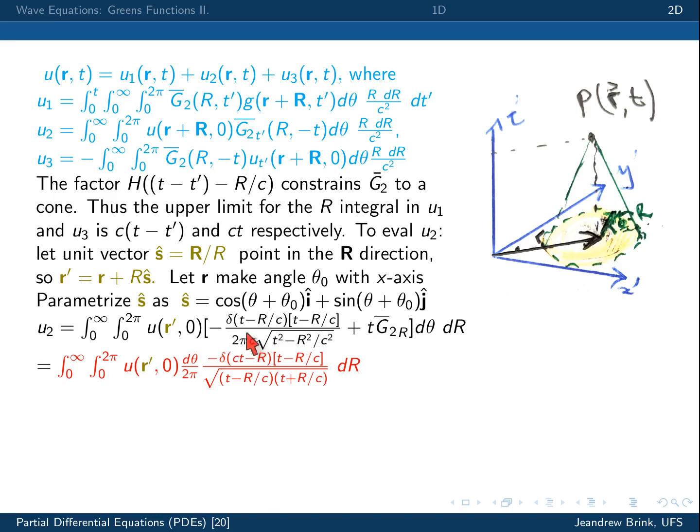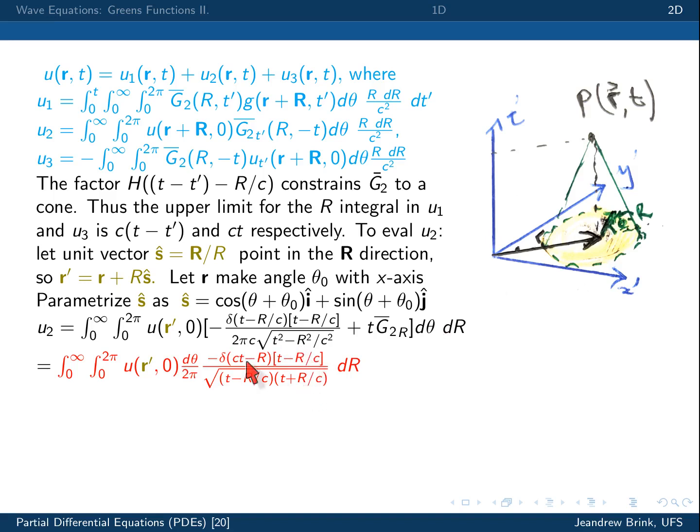I've taken 2 pi out and divided d theta by 2 pi. And the reason for doing that is this integral is actually an angular average. The other thing I've done is I've moved this delta function that's dependent only on r out from the integral of d theta. So you can actually work out this angular average and then try and evaluate this integral.